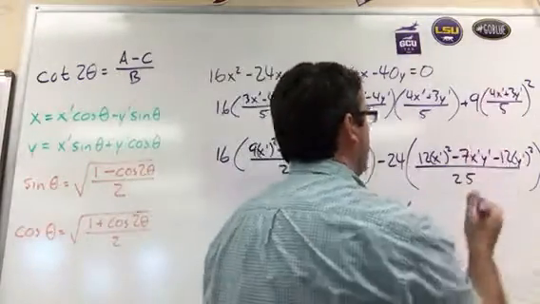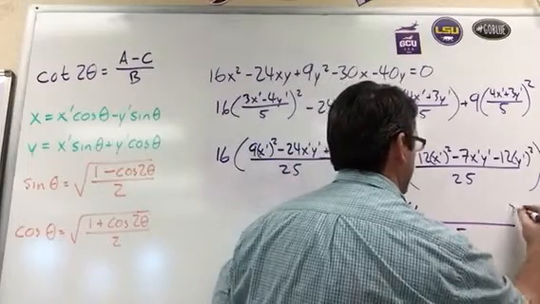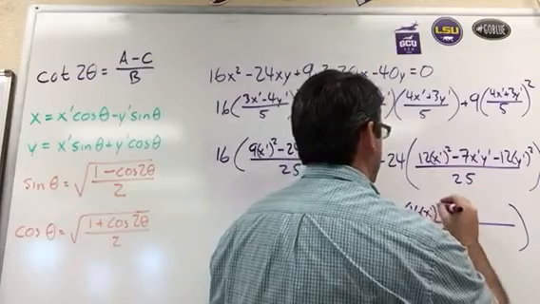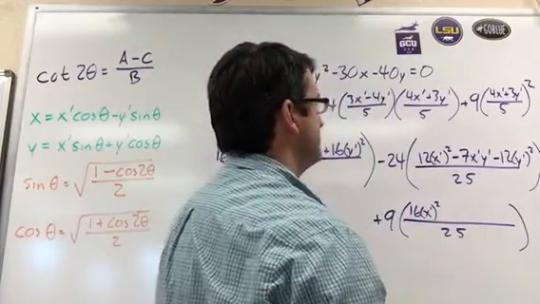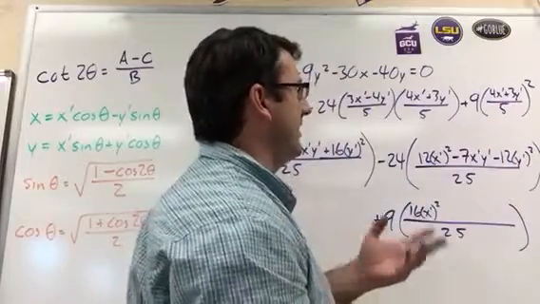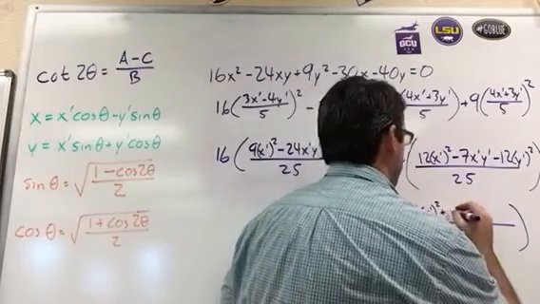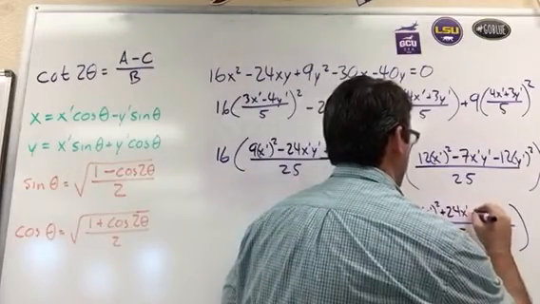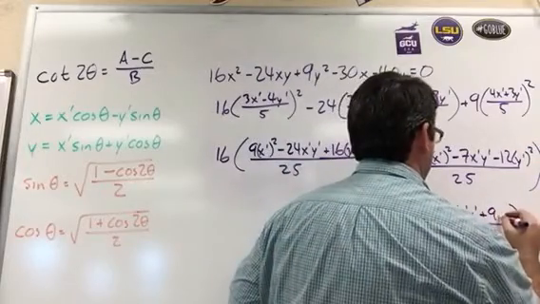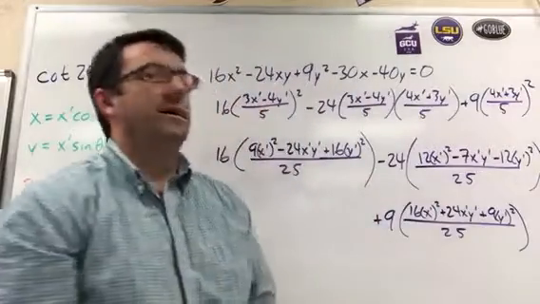So that's going to be 16, again, 25 in the denominator. 16x' squared plus 12x'y' plus 12x'y'. So this is plus 24x'y'. And then plus 9y' squared. All right.